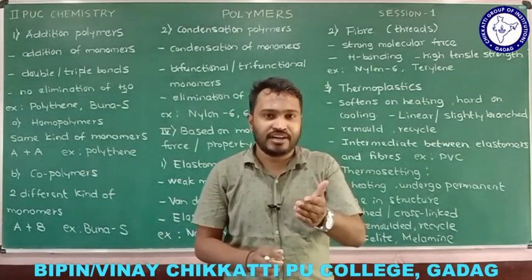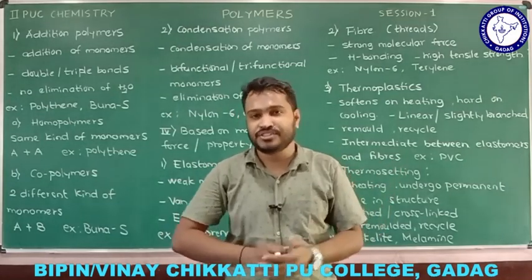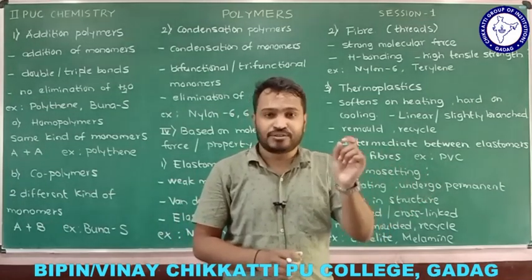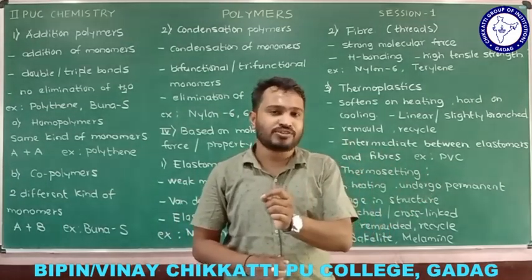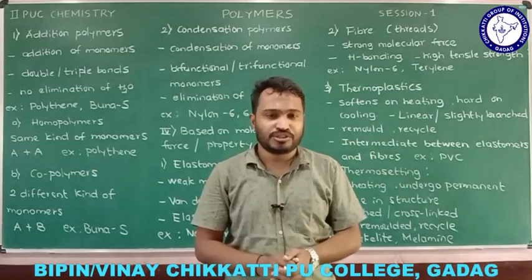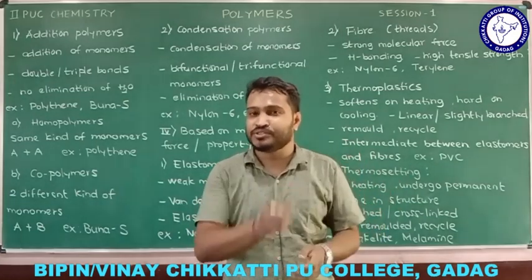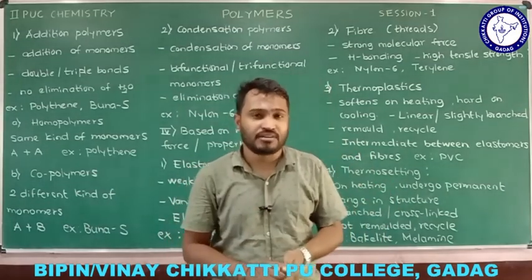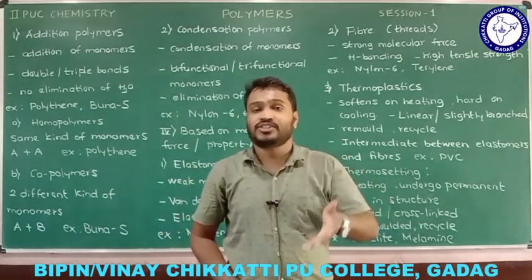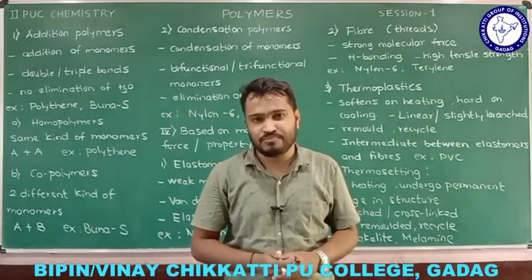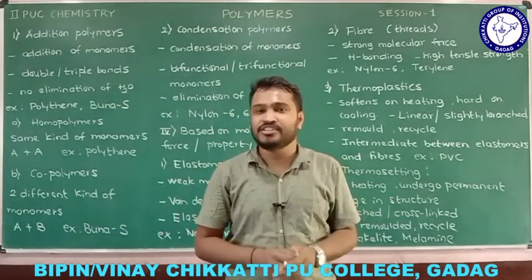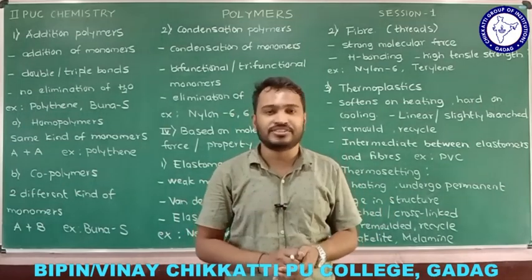Polymers are classified into 4 different conditions we have: based on source, based on structure, based on polymerization, and based on molecular force. Based on source, we have 3 types: natural polymer, synthetic polymer, and semi-synthetic polymer. Based on structure, linear polymer, branched polymer, and cross-linked or network polymer. Based on polymerization, addition polymers and condensation polymers.